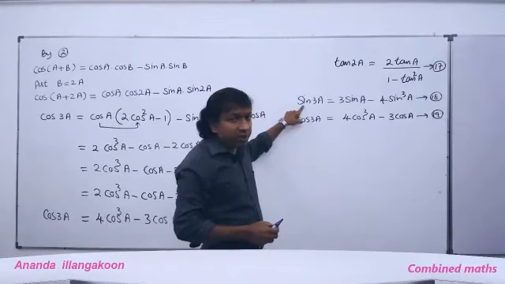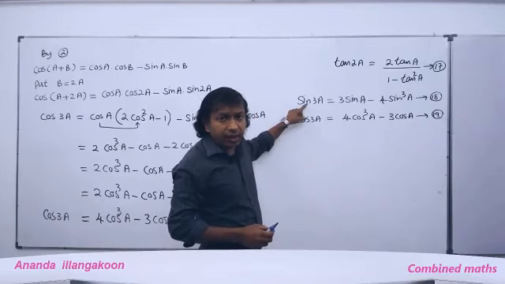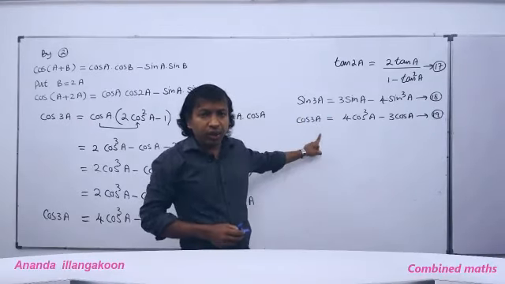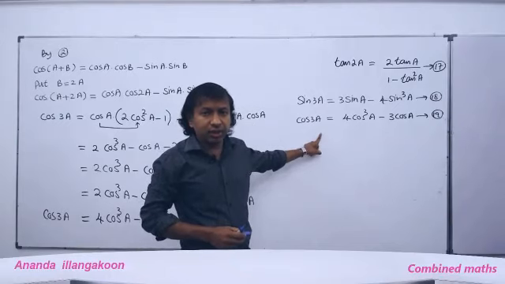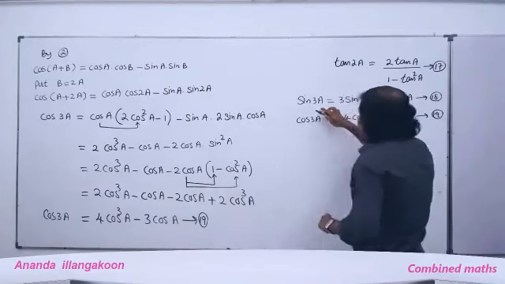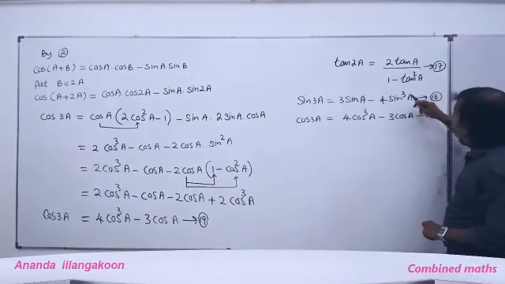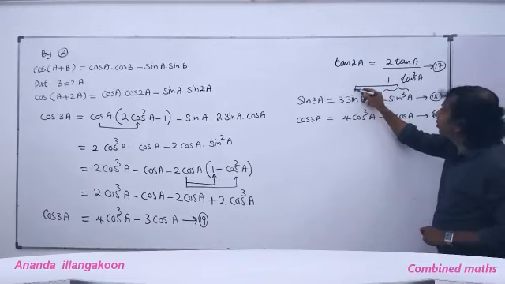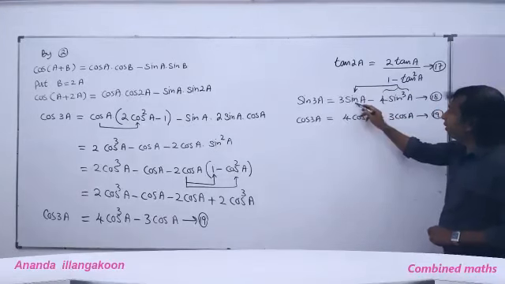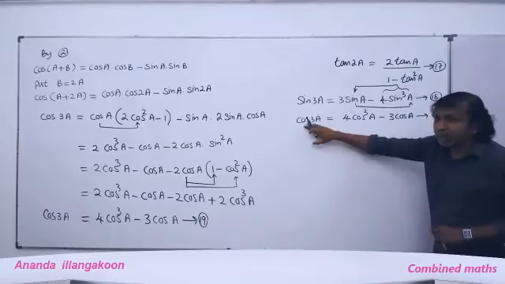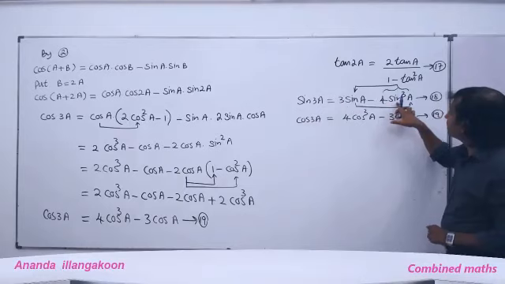If you can remember this sin 3A as 3 sin A minus 4 sin cube A, very easily you can take this cos 3A. What you need to do is, people, in the sin 3A formula, this term, bring first, take this secondly, and since we need cos, write these terms as cos.